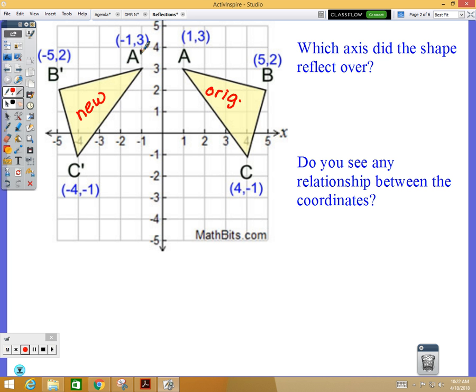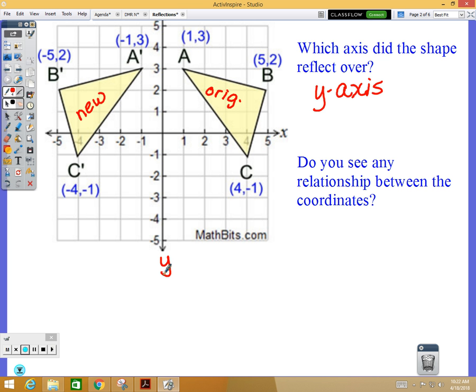So the first question over there is asking, which axis, X or Y, did the shape reflect over? The y-axis. So usually axes are labeled, so you can see there's an X up here. There probably is a Y up here, it's just kind of cut off. So the X is your horizontal, your Y is your vertical.